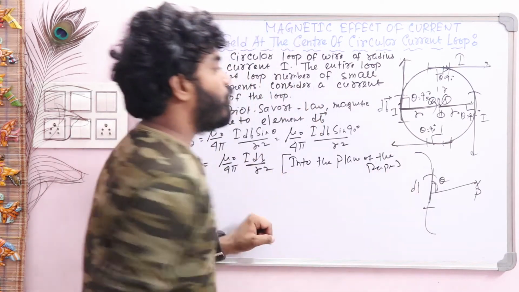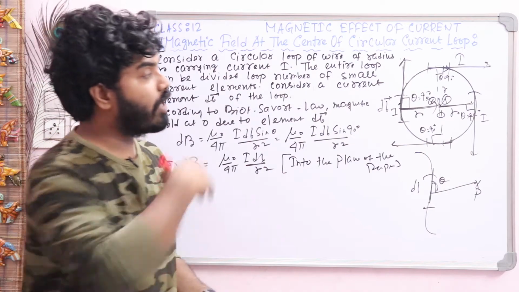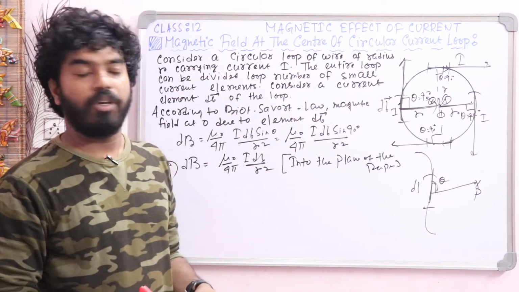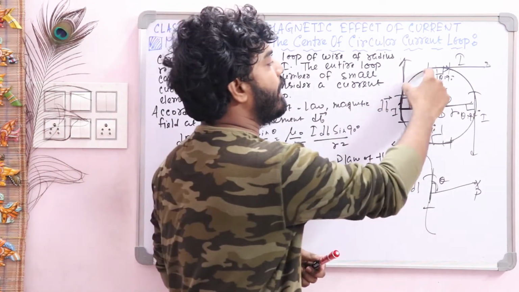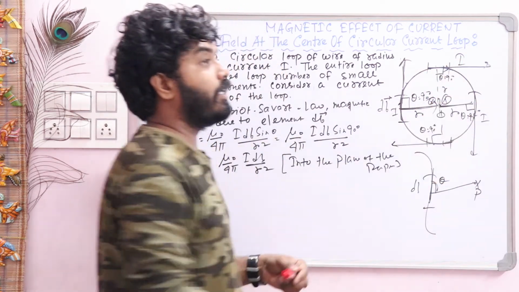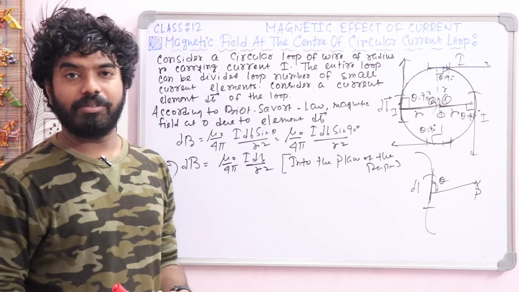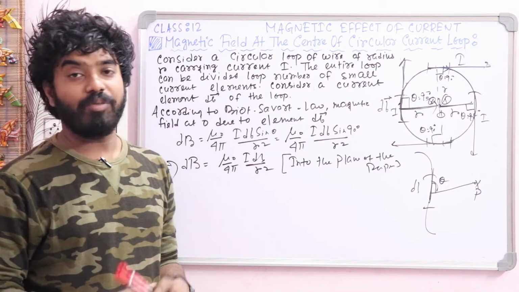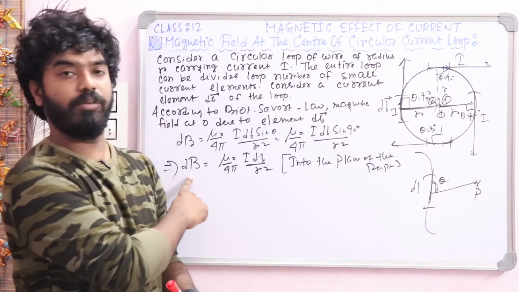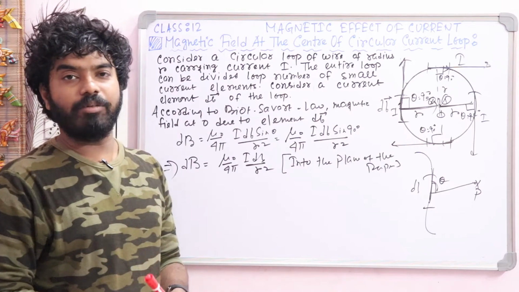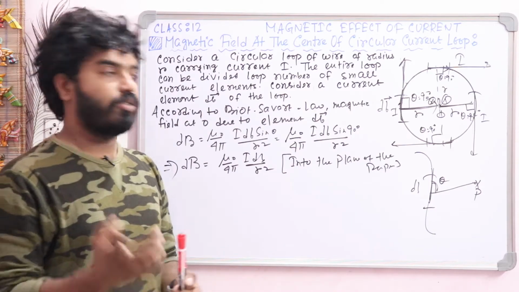Now you have to find out the magnetic field for the entire current loop. So if we add del L, del L, del L, del L like this way, then we will find out the total magnetic field, and there is a way out. We have to integrate. If we integrate this dB value, then we will easily find out the total magnetic field. So write it down.